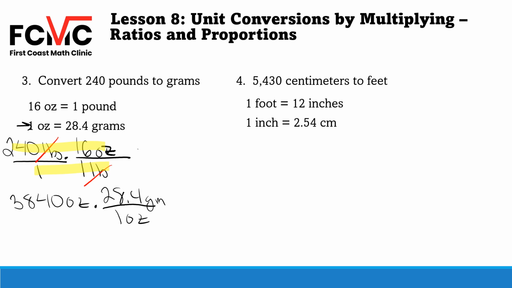So the answer from before is 3,840 ounces. Now my ounces and ounces cancel out. Just to keep my multiplication consistent, I'll put that over 1 and multiply straight across.